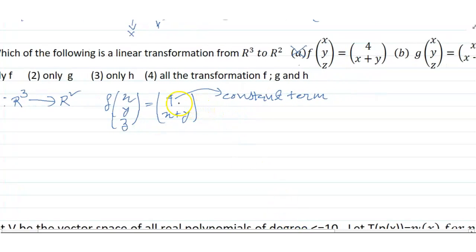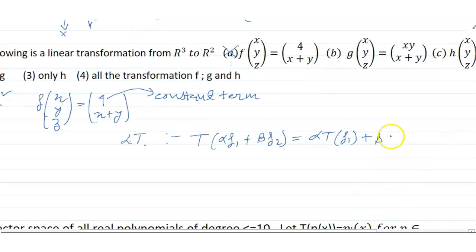Why, friends? Because if I multiply alpha into 4 and beta plus 4, it cannot show this property of linear transformation. What is the LT formula? Our LT formula is T of alpha f1 plus beta f2 equals alpha T f1 plus beta T f2.